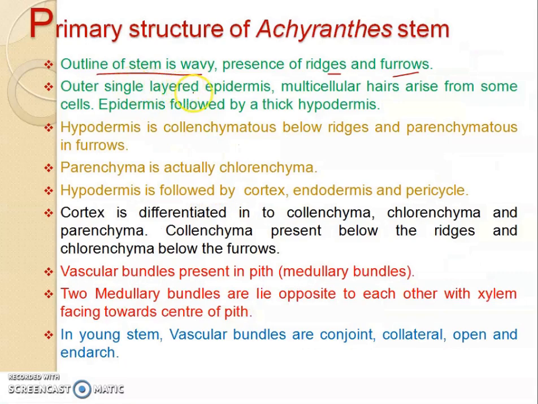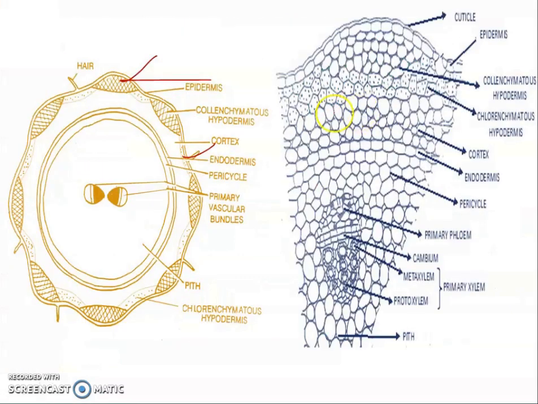Outer single layered epidermis, and multicellular hairs arise from some cells. So epidermis is followed by a thick hypodermis. Here in this case, epidermis is followed by hypodermis, which is collenchymatous below the ridges, and chlorenchymatous below the furrow.